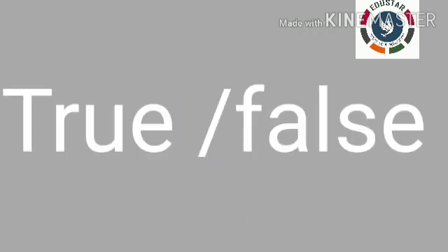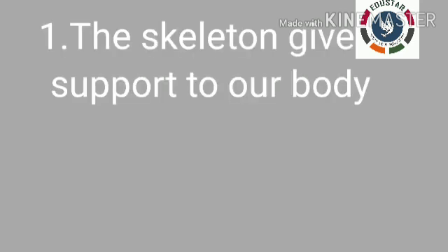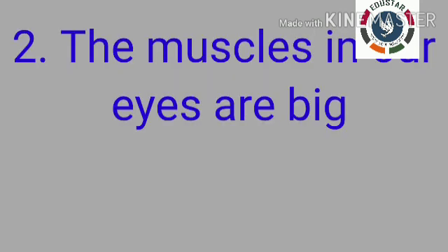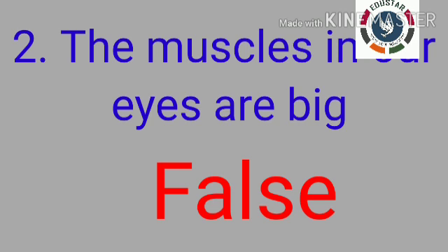Next is true or false. First one, the skeleton gives support to our body. Is it true or false? It's true. Next, the muscles in our eyes are big. What is the answer for this? False. The muscles in our eyes are small.